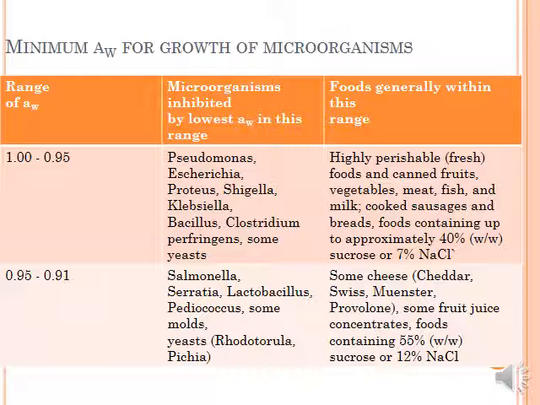So these are the different types of microorganisms, to be more specific in terms of their names and the range of activity in which they work best, and the type of food with that range of water activity. So you just go through the table and see the name of the bacteria, the range of the water activity, and also the type of food.